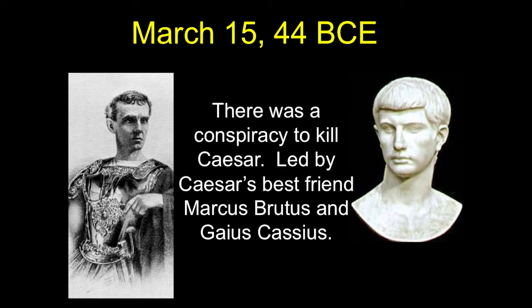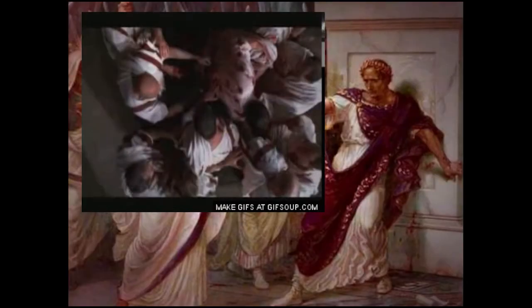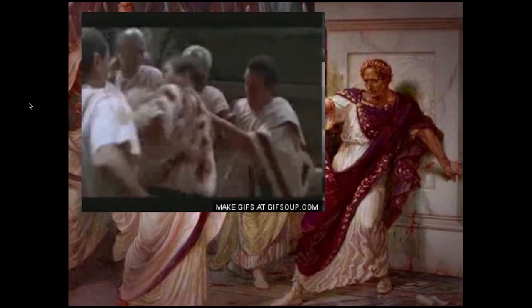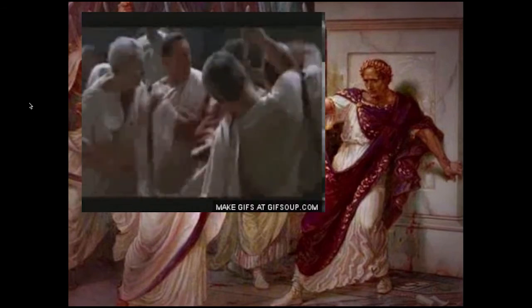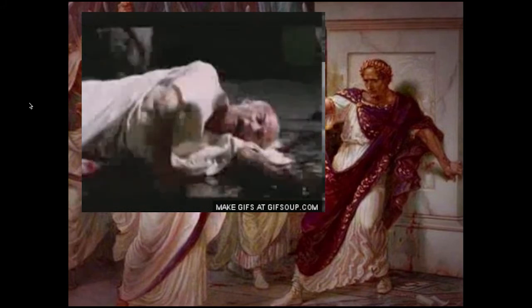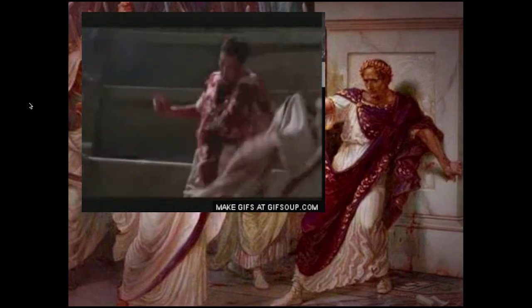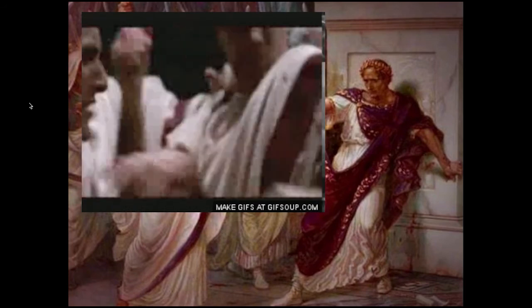Led by Caesar's best friend Marcus Brutus and Gaius Cassius, they surrounded Caesar when he came to the Senate, and they stabbed him some 40 plus times. It was a brutal stabbing. The senators surrounded Caesar, and each took their turns taking their sword and running it through the dictator.